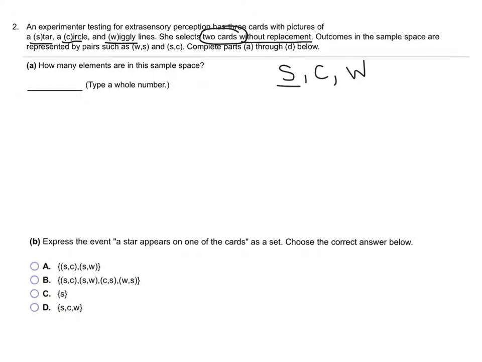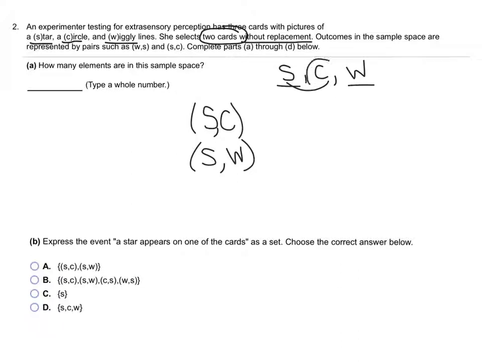So if my first card that I draw is a star, the second card can either be a circle or the second card can be a wiggly line. Those are my outcomes for selecting a star first.